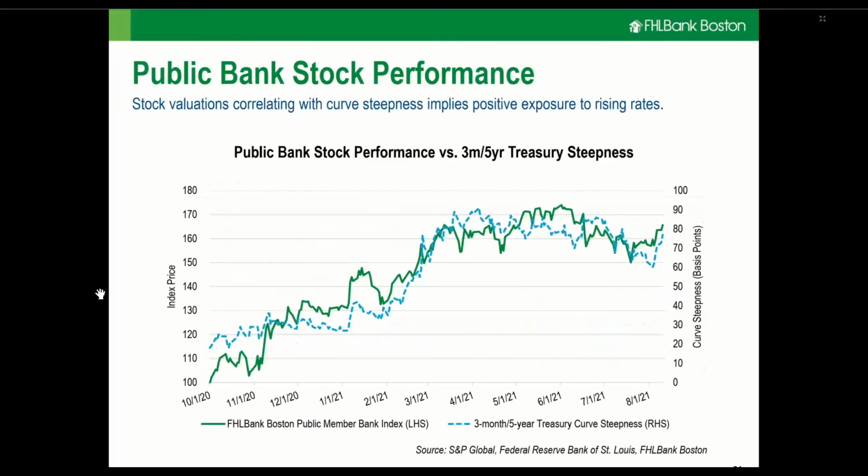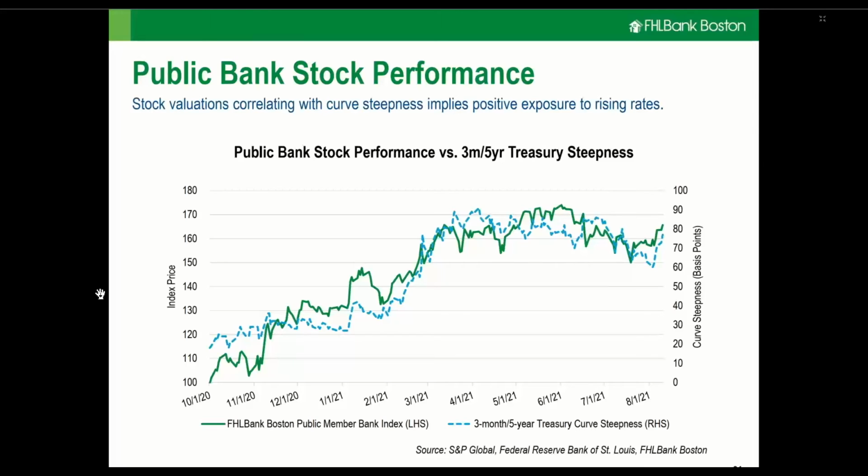So the last thing that we'll talk about on this section here before John gets into a couple of strategies is, we've put together an index of all the public banks here in New England. So, it's not the S&P 500, it's the FHLBank Boston 37 or however many public banks there are.